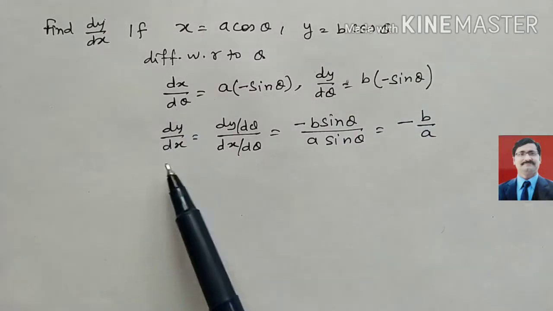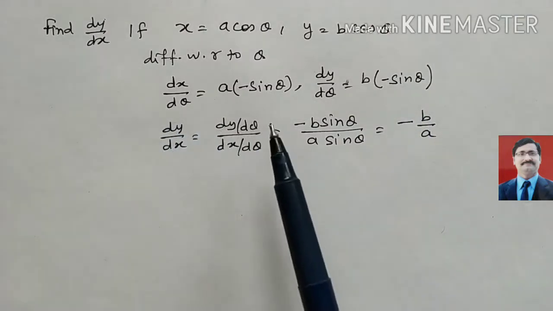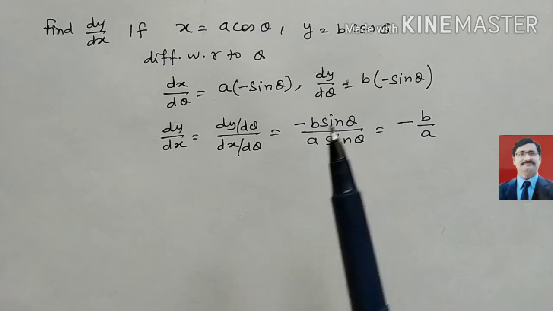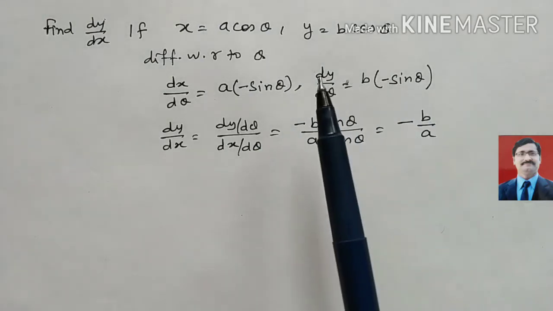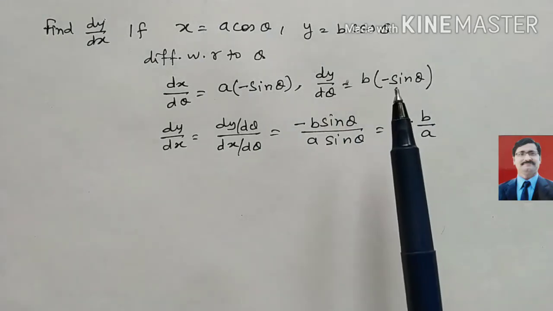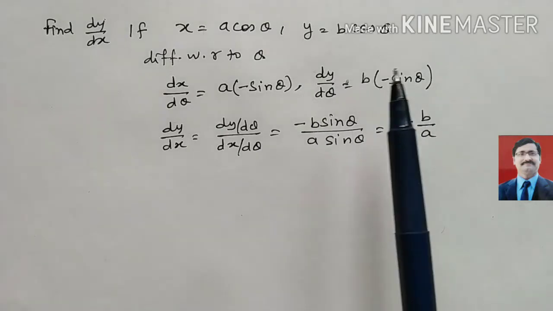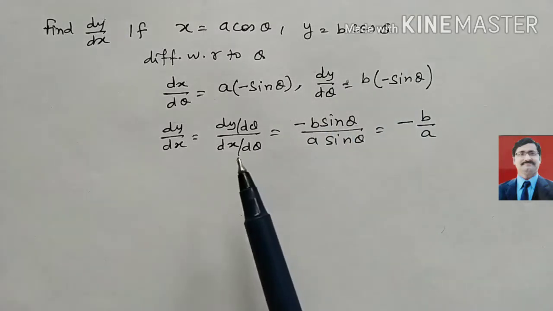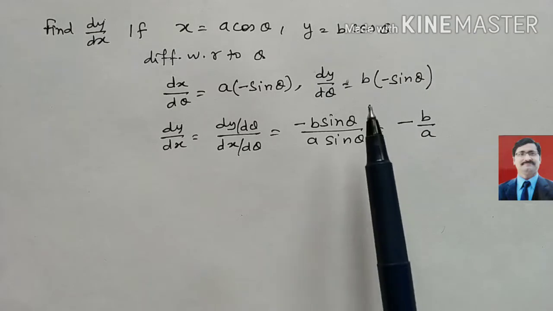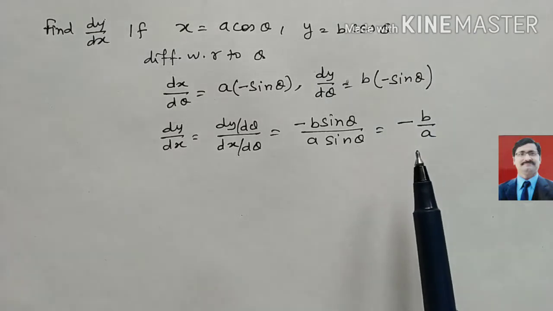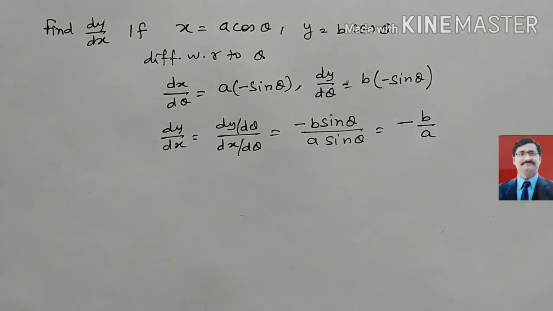Now we have to find dy by dx, that is equal to dy by d theta upon dx by d theta. Putting the values, dy by d theta is b bracket minus sin theta, which you can write as minus b sin theta, and dx by d theta we can write as minus a sin theta. Sin theta you can cancel, and you get minus b by a.